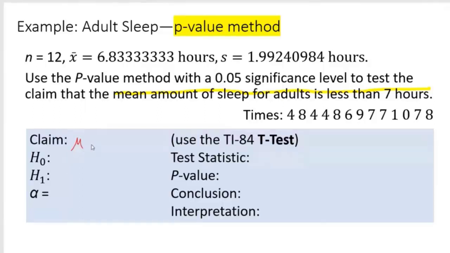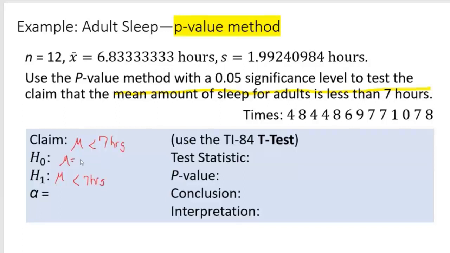Well, then the claim cannot possibly be H sub 0, because H sub 0 always involves an equal. So our claim is going to go down here and be less than 7 hours.